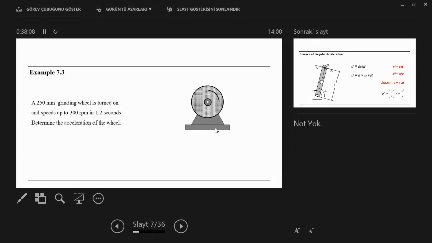The difference in angular velocity is 30. So alpha is equal to 30 over 1.2, per second square. Is that correct?